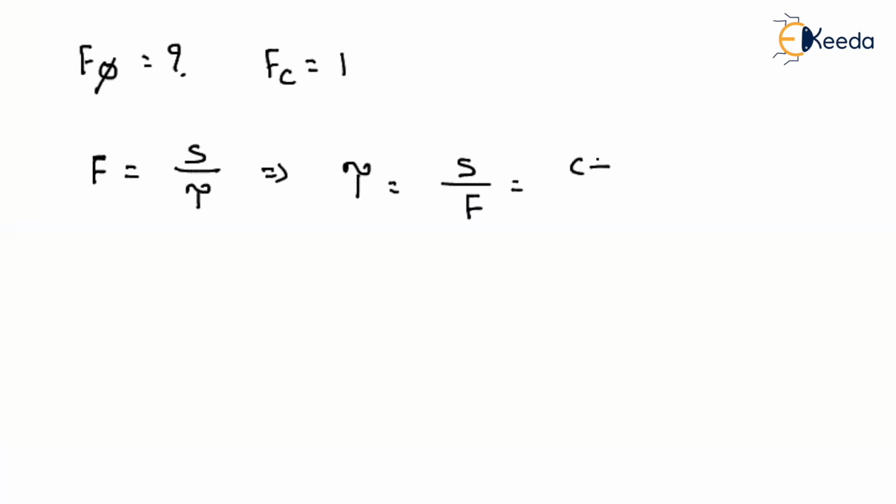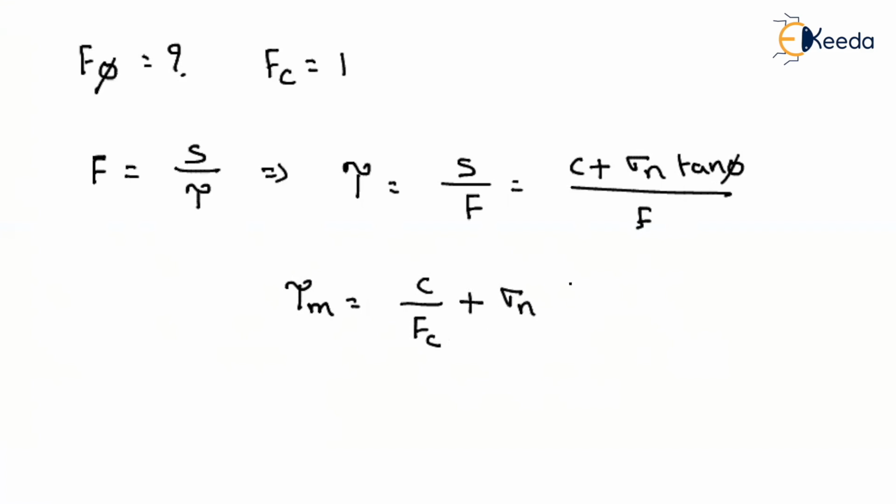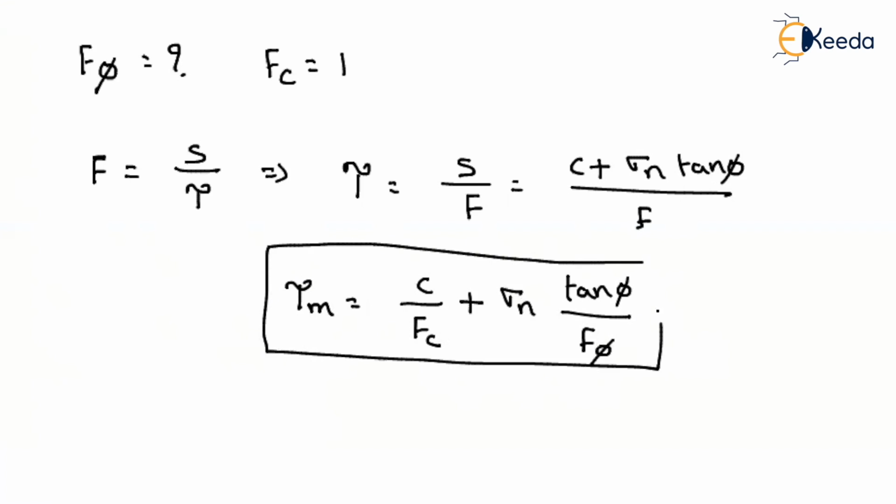What is S? C plus sigma n tan phi. Then I will separate this factor with respect to both cohesion and friction. So the mobilized shear stress will be equal to C divided by factor of safety with respect to C, plus sigma n into tan phi divided by factor of safety with respect to friction. So this is the equation.